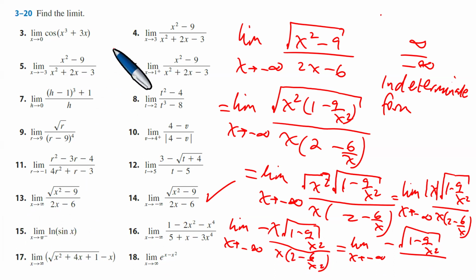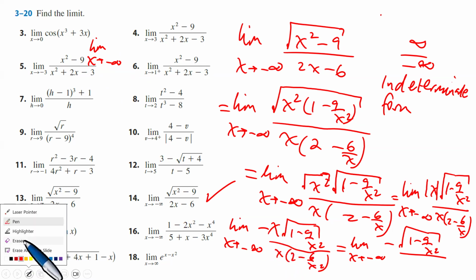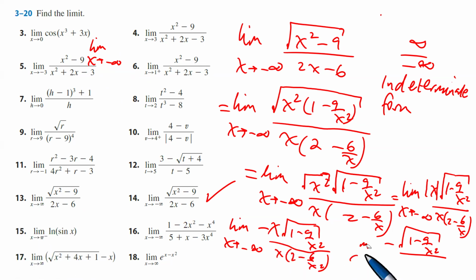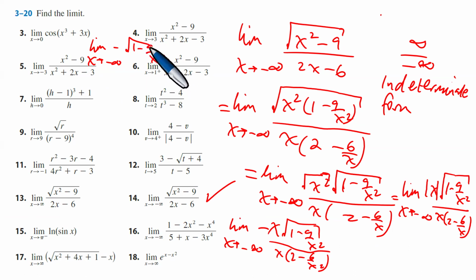So the x cancels here at this point, giving minus the square root of 1 minus 9 over x squared, divided by 2 minus 6 over x.